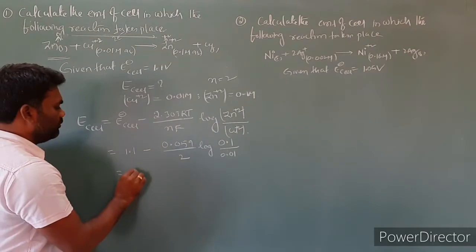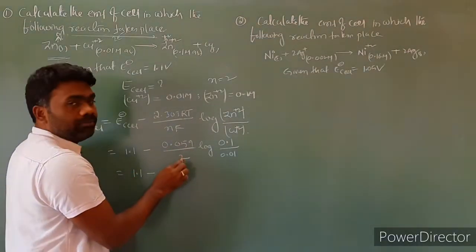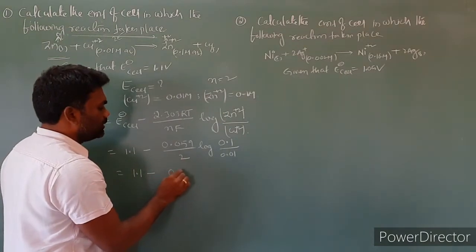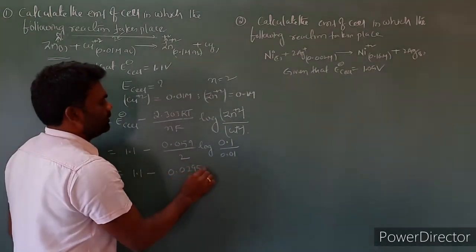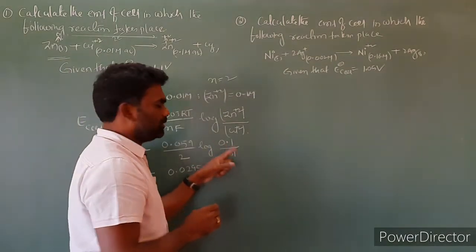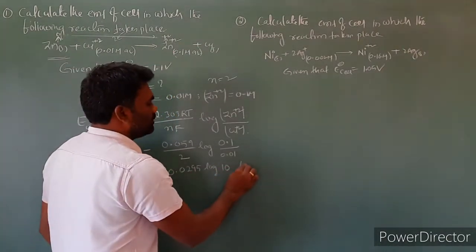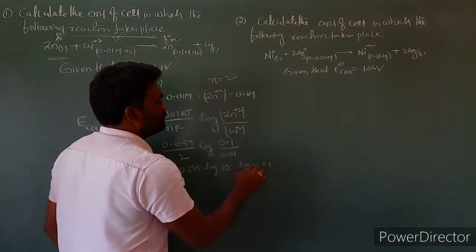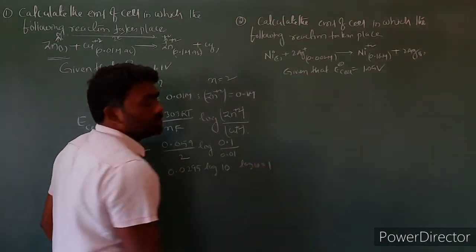Then simplify it. 1.1 minus 0.059 by 2, you'll get 0.0295, log of 0.1 by 0.01. Upon simplification you get 10. So log 10 is equal to 1.